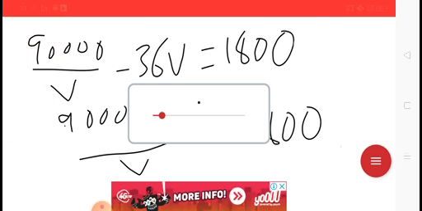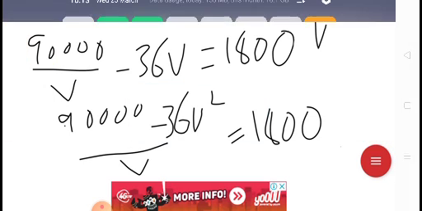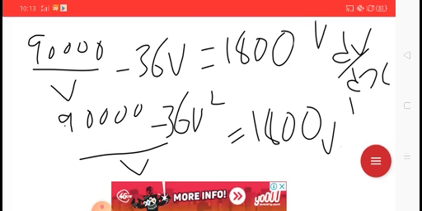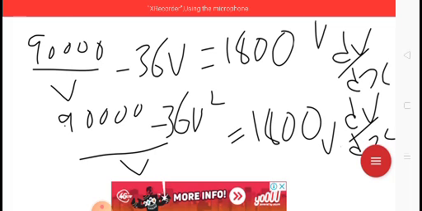Change all the A to V dV/dx. So you will have the equation for part 2: 90,000 over V minus 36V is equal to 1800V dV/dx. So that is B part 2.